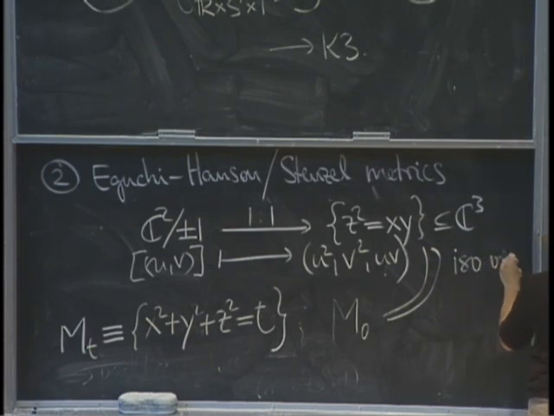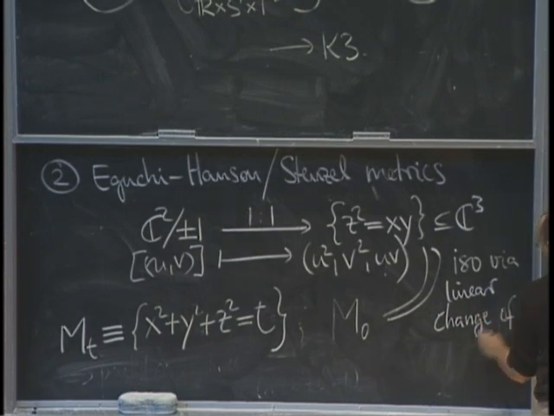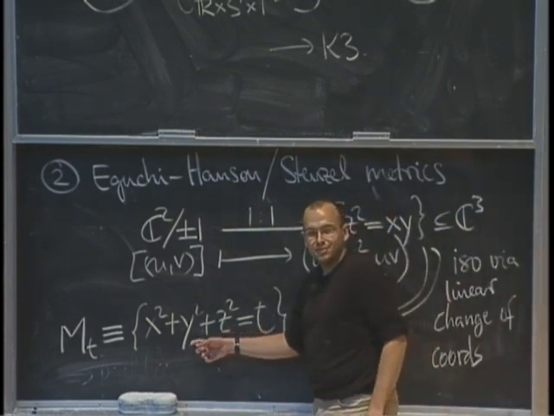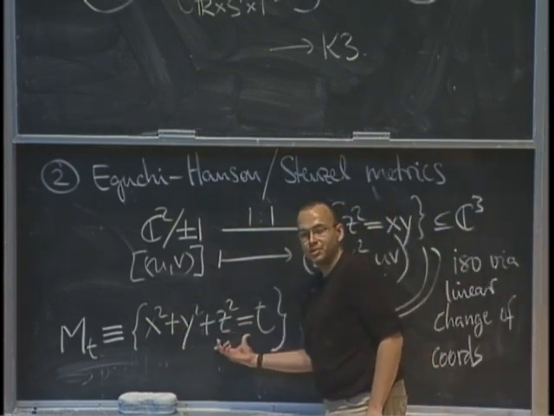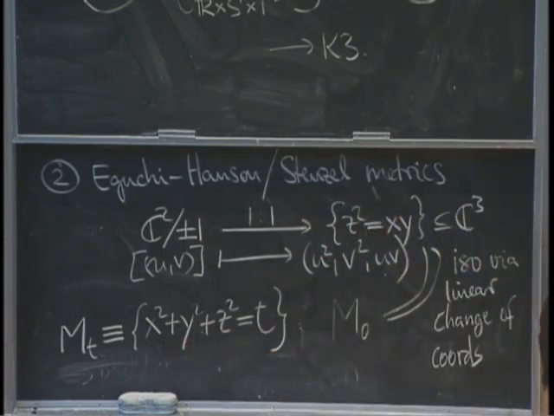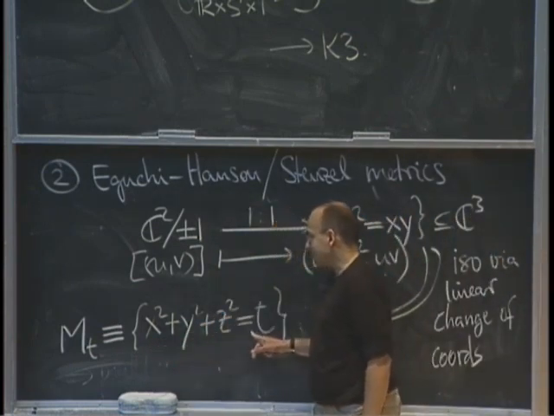So what you do is you make a linear change of coordinates. Just for the rest of this example, I prefer to use these coordinates where the surface can be written in this way as a sum of 3 squares. So you have this family M sub t.